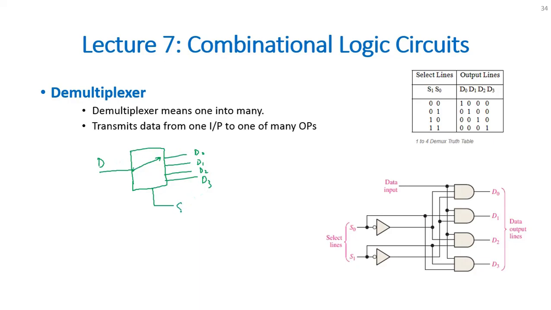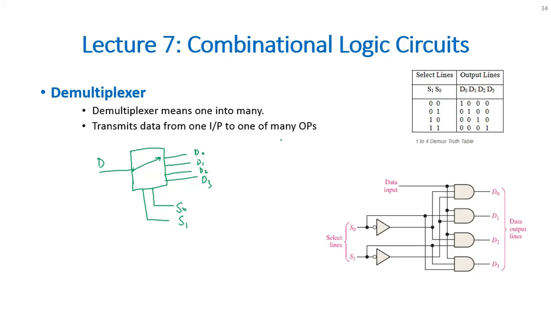So we have the S0 bit, and then we have the S1 bit. Based on the combination of these values, we can connect D either with D0, D1, D2 or D3, and this is already explained in multiplexer. If S1 and S0 are both 0, D0 can be connected. For S1 equal to 0 and S0 equal to 1, D1 can be connected.